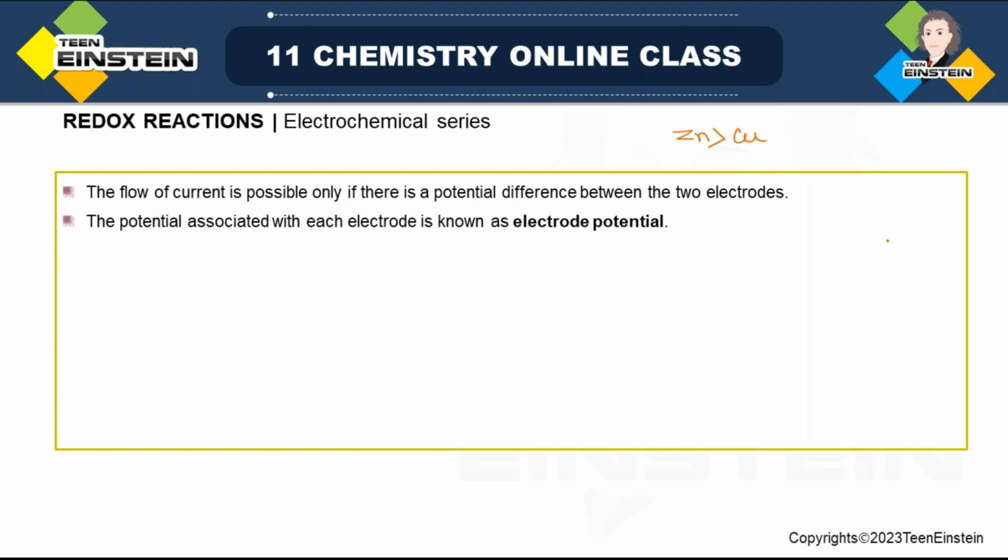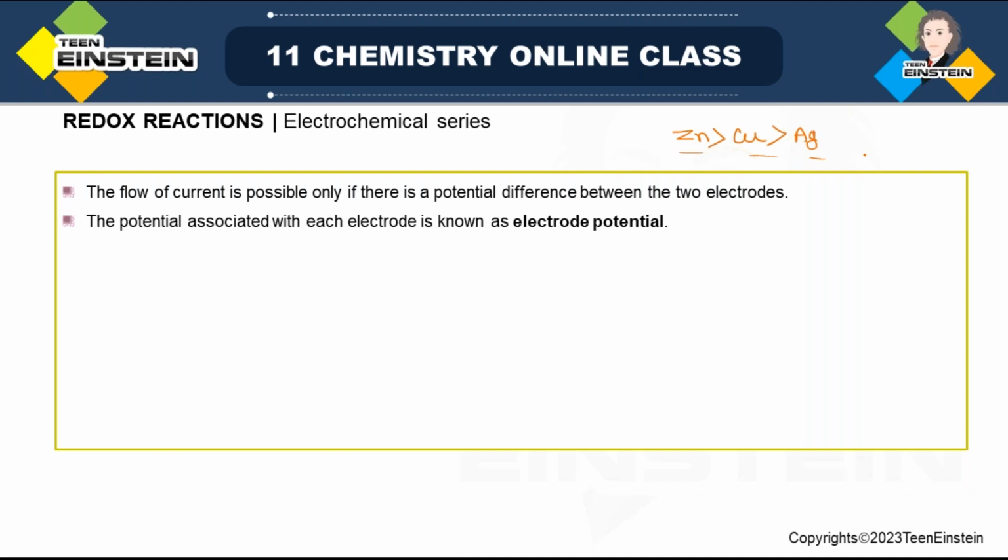What we have seen is that gradually Ag+ is reduced to silver and copper is gradually oxidized to copper 2+. That means copper is donating electrons towards the silver ion. But the reverse reaction is not possible. So it proves that copper has more tendency to donate electrons towards Ag.